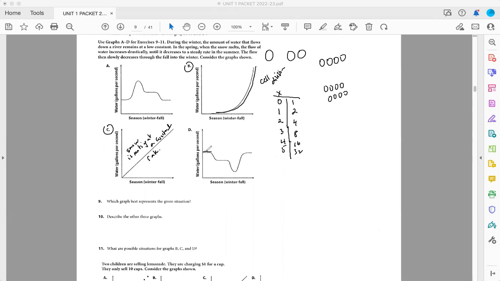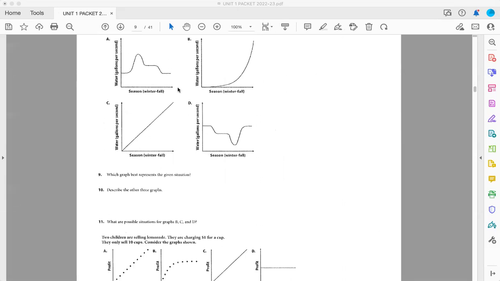We said steady, decrease, steady, decrease at a fast speed, and then increase at a fast speed. Okay, and we're talking again about the water flow. So remember, when the snow melts, more snow melting means more water flow. So this is a description of what can be done for parts B, C, or D.